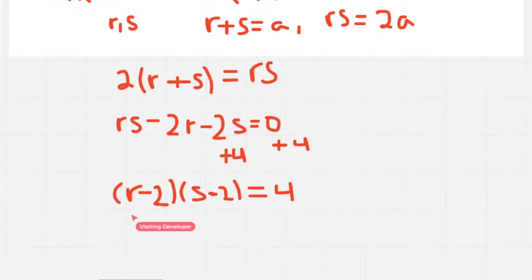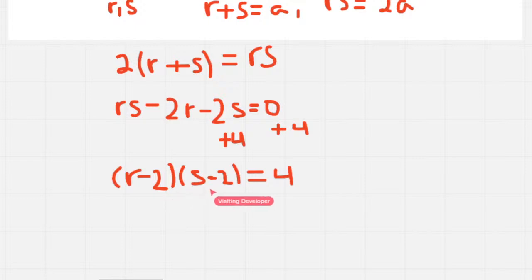And because r and s are positive integers, r minus 2 and s minus 2 are also integers, which means that r minus 2 and s minus 2 are both factors of 4. And also because r and s are both positive, if we have a pair of factors like minus 4 times minus 1, one of r and s is going to be negative, so we can ignore these cases.